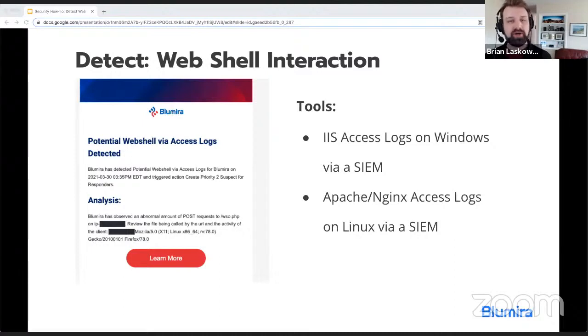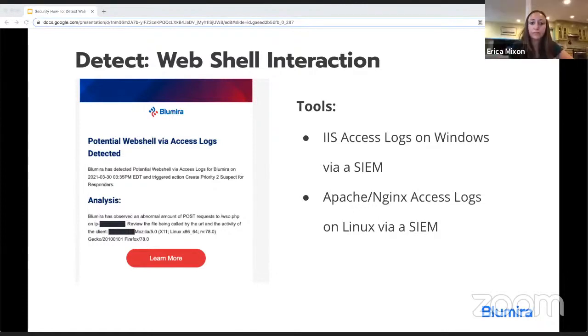Well, you're going to see a lot of POST requests as people go to wp-login.php because they have to send their credentials to the server, right? Mm-hmm. But if, sitting on the server in the same folder as wp-login.php, is also x.php, and all of a sudden you see a single IP sending hundreds or thousands of POST requests to x.php, that's one of those things that can easily and quickly identify that someone is interacting with a web shell on your system.